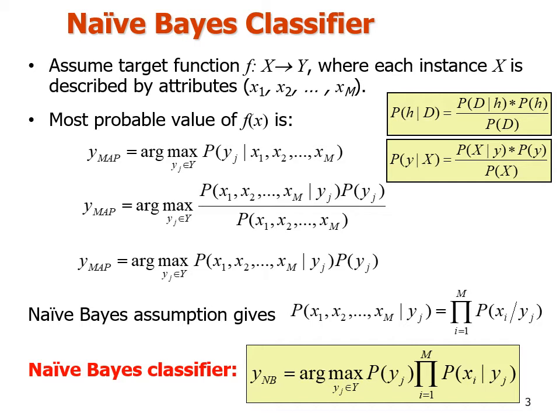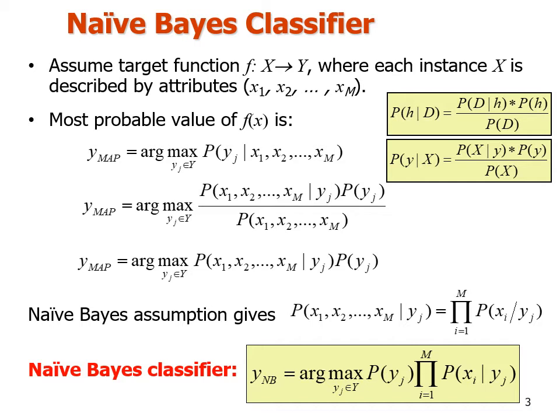Here yNB denotes the target value or the label that is output by the Naive Bayes classifier. Now please notice that in the Naive Bayes classifier, the number of distinct probability values, that is the probability of xi given yj terms, that must be estimated from the training data is now just the number of distinct attribute values times the number of distinct target values.